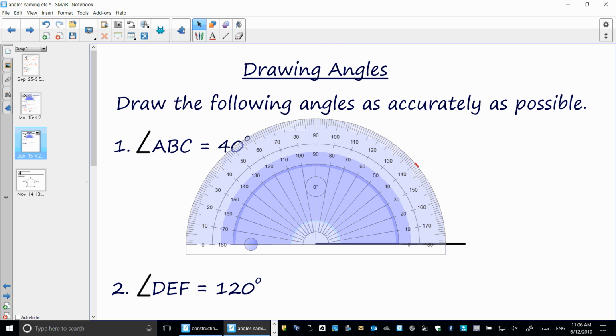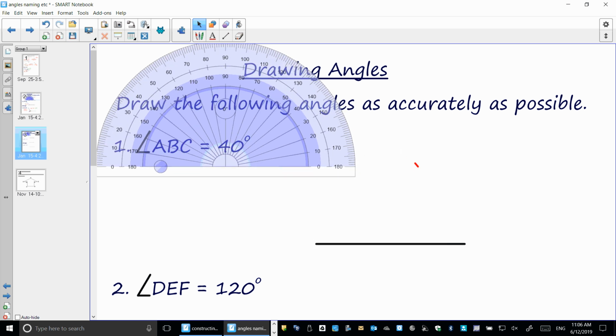So we place the protractor on, look at which scale we're using, starting at 0 from the line, read up to see where it says 40, and just put a little pencil mark next to that value. Then you remove your protractor, and you draw from here to that mark with a ruler. Okay, and then you show that that's the angle you're interested in. How easy was that?